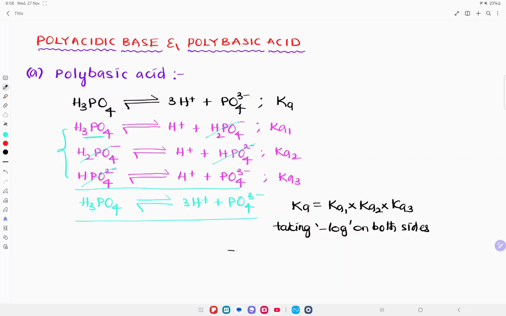Minus log Ka, minus log Ka1, minus log Ka2, plus minus log Ka3.